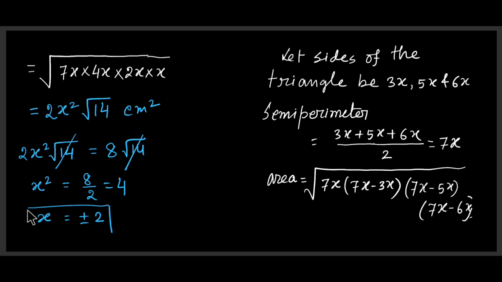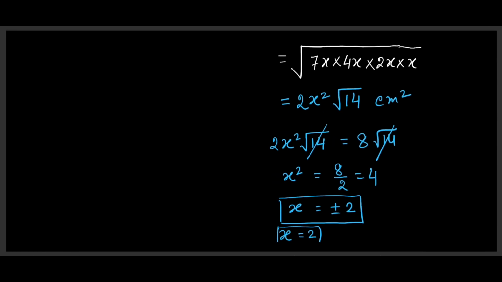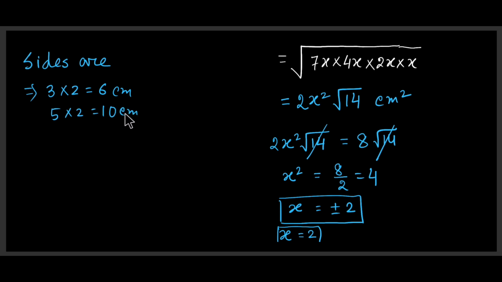Now here we calculate the sides of the triangle, so we take only x equal to 2. We have to avoid the negative value of x. So the sides of the triangle must be 3 into 2, 6 centimeter, 5 into 2, 10 centimeter, and 6 into 2, 12 centimeter.